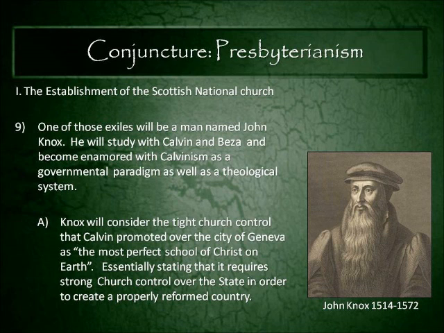Basically meaning, if you want to teach a country or a state how to become Christian, simply make the church its king. Essentially, he is stating that he would like to see strong church control over the state in order to properly reform a country.